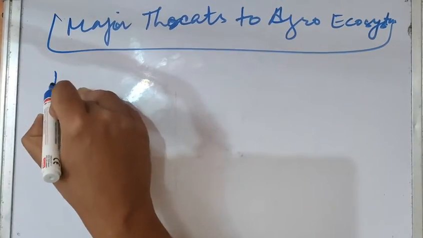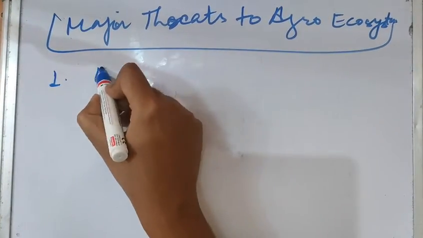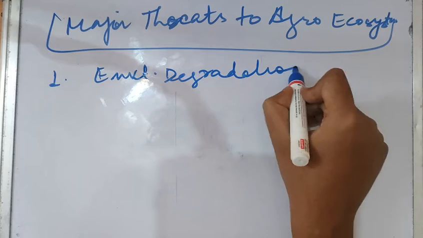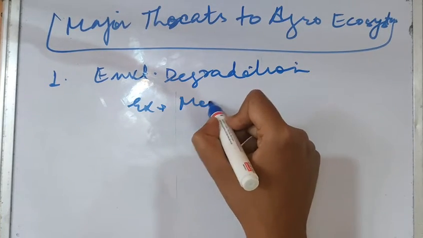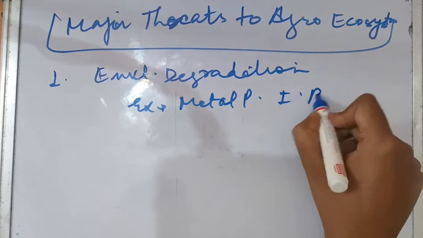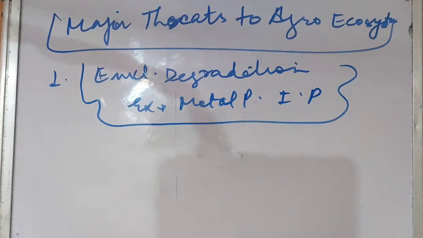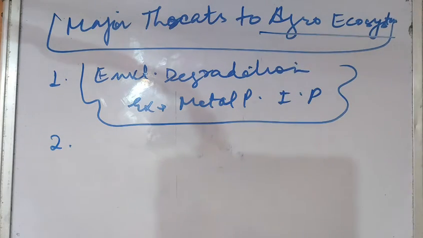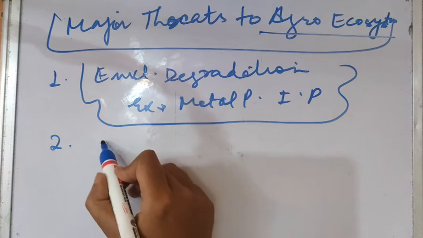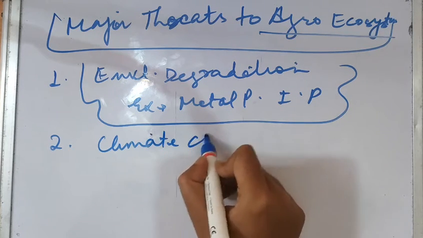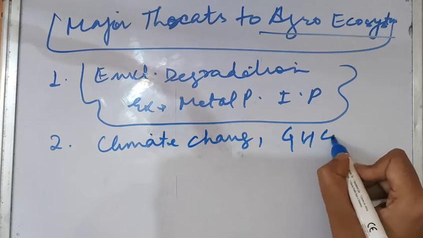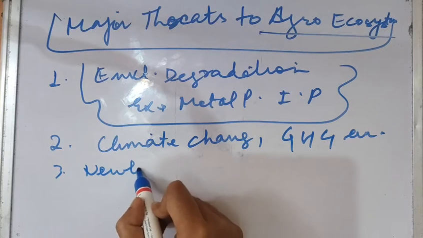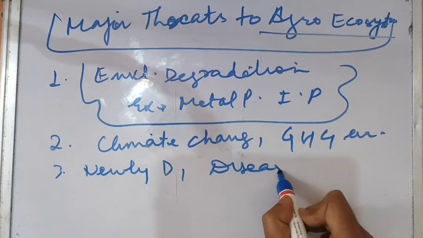First of all, there are some common threats we all know, that is environmental degradation. For example, you can say metal pollution, industrial pollution. These things degrade our environment, and without a good favorable environment, we are not able to cultivate good crops, and this is threatening our agroecosystem. Climate change, greenhouse gas emissions, newly developed diseases and pests.